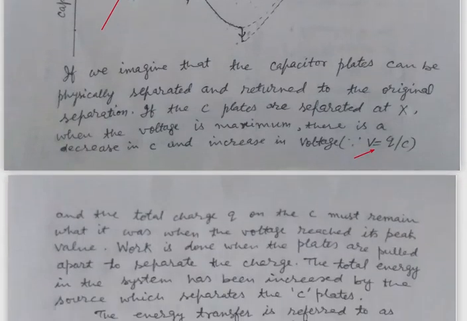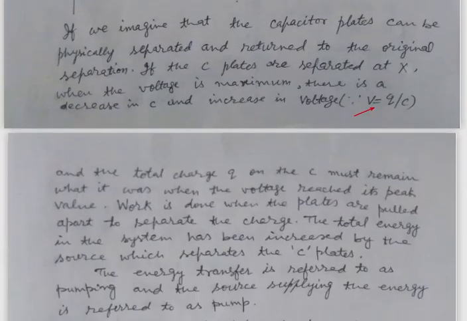Now, the charge across the capacitor plates must remain constant, what it was when the voltage reaches its peak value. Now the work is done when the plates are pulled apart to separate the charge.